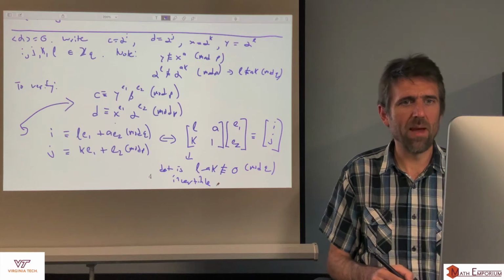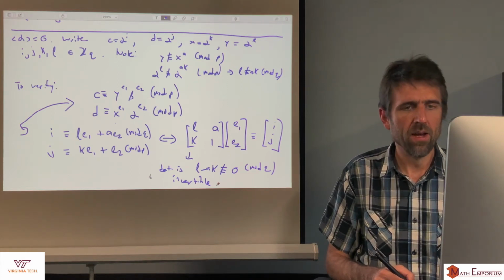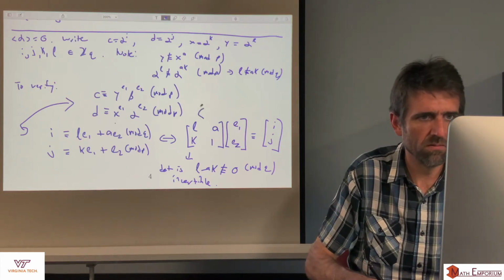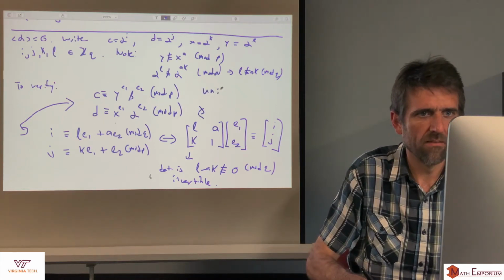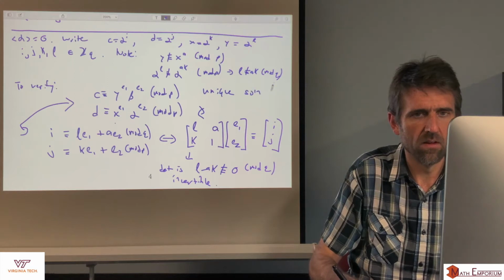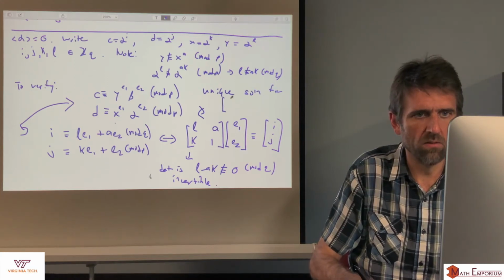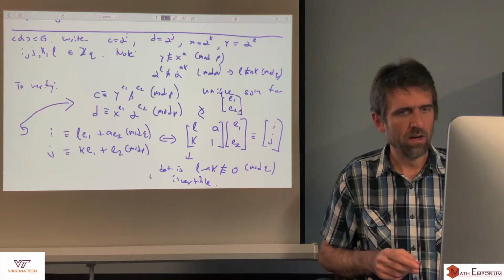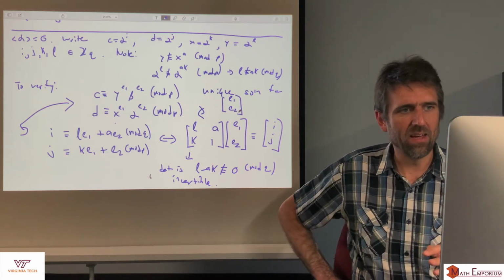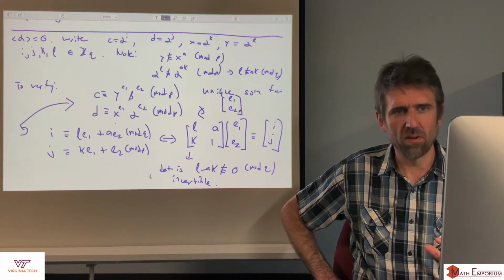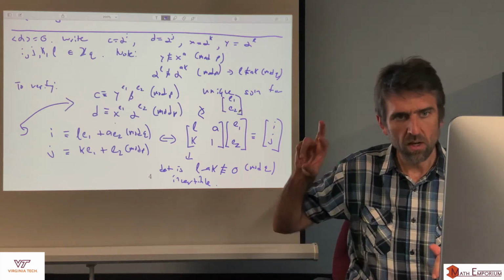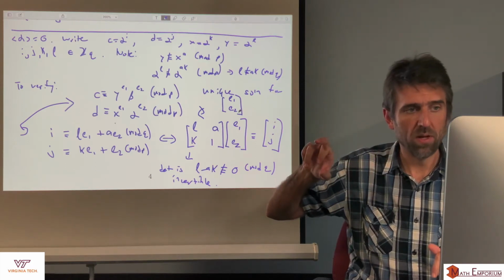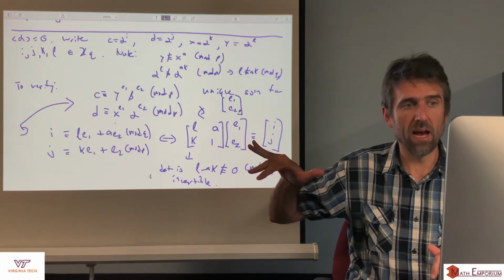And so that means that the matrix is invertible, and so that means that this matrix equation has a unique solution for the unknowns E1 and E2. Another way of saying that is, in order to satisfy this system, there's a unique choice of E1 and E2 that will satisfy both of the congruences.